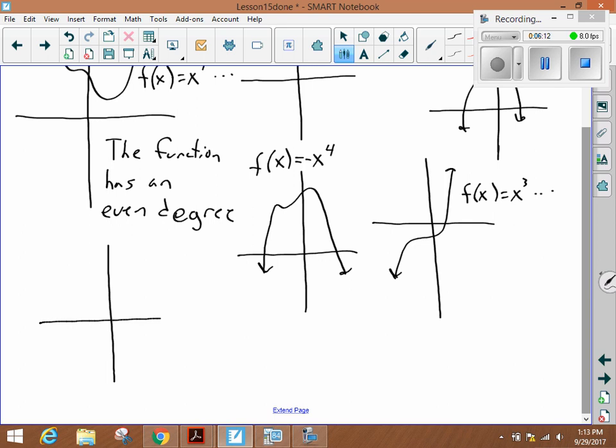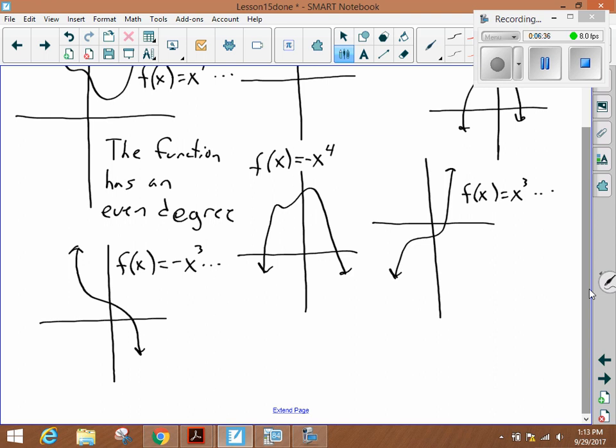If I was to have something that looked like this, that would mean that the coefficient is negative, right? And of course there's some other stuff there. All right, so those are some basic transformations that can occur to this.